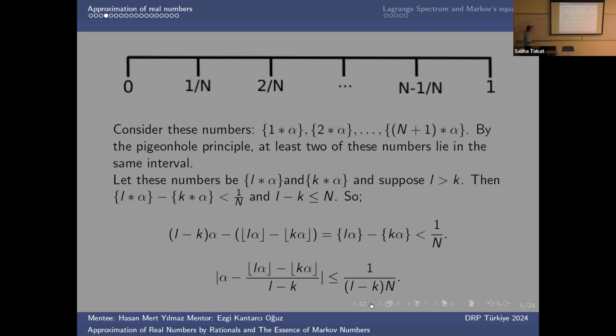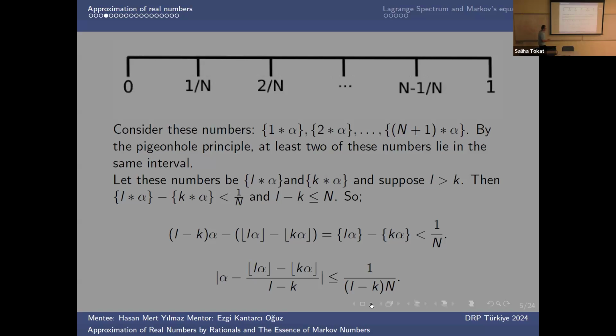Then the difference between the fractional parts of L alpha and K alpha is smaller than 1 over n in absolute value, of course. And L minus K is smaller than or equal to n, because we have n plus 1 numbers.